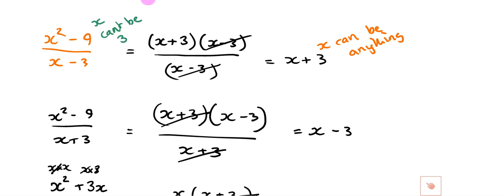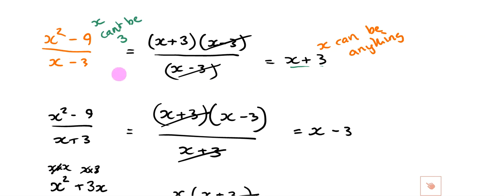We're happy that x can't be 3, right? We get 9 minus 9, which is 0. Yeah, we get that problem. But if I put 3 into the other form, it's 6. But this is considered the simplified form of this.